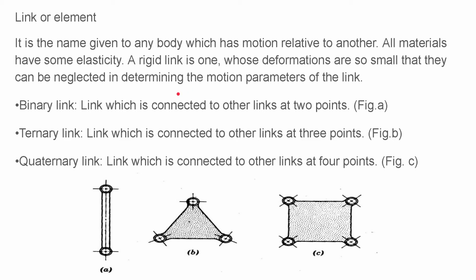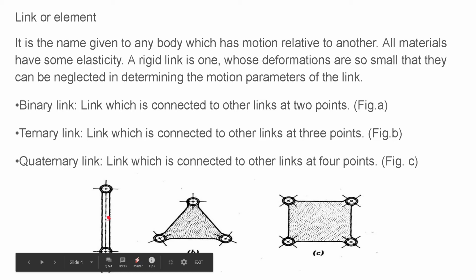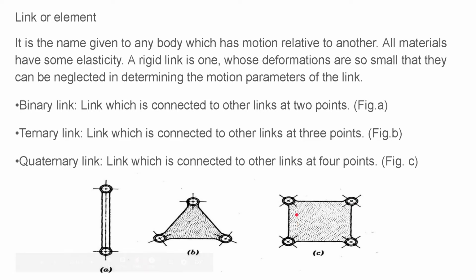First we have a binary link, then a tertiary link, and then a quaternary link. This is a link, and this is one solid, this is also one solid. So there are no movements between any two points of a link.